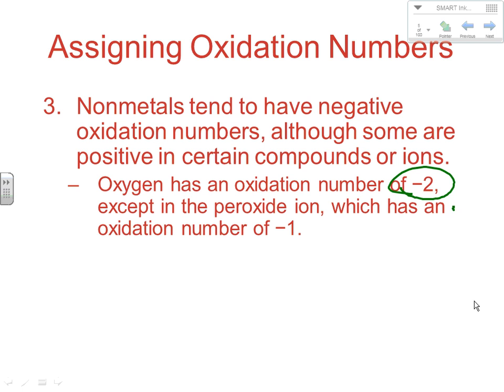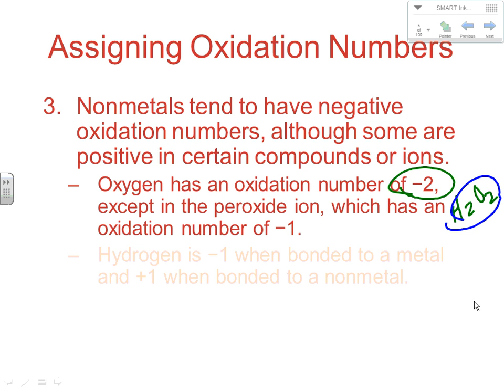But there is a very common substance, hydrogen peroxide. It's not an oxide, it's a peroxide. Peroxides are oxygens with an oxidation number of -1. Very rare, except for this. Watch out for hydrogen peroxide. So typically, if we see oxygen, it's going to have an oxidation number of -2. That's one of the important ones to remember.